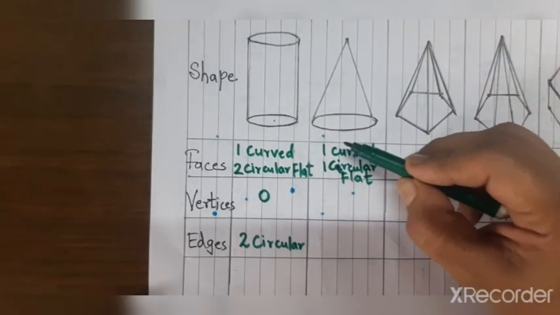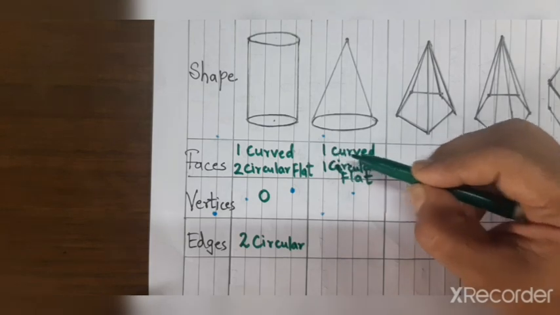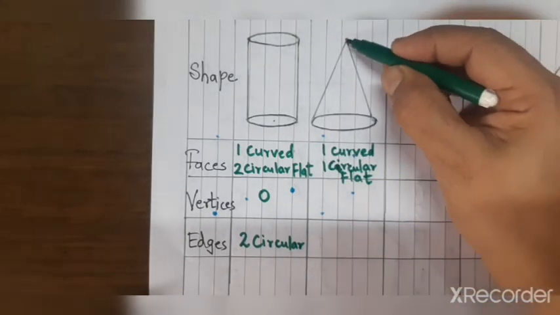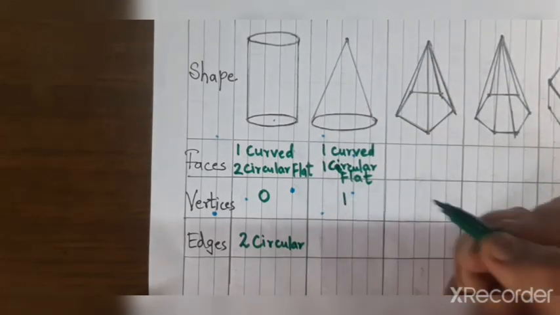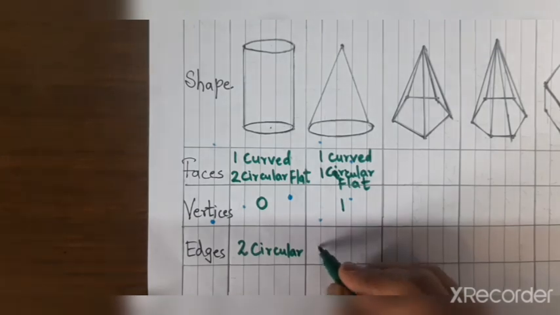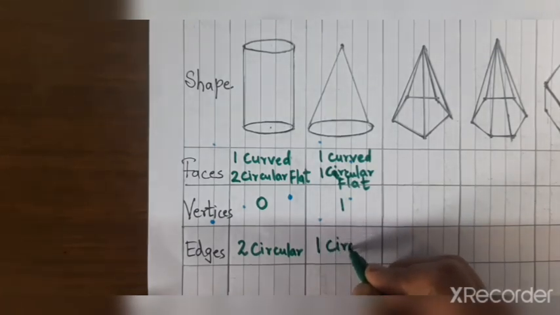So a cone has one curved and one circular flat face. Vertex, at the top there is only one vertex, and edge, there is only one circular edge. So we'll write one edge, but it is circular.